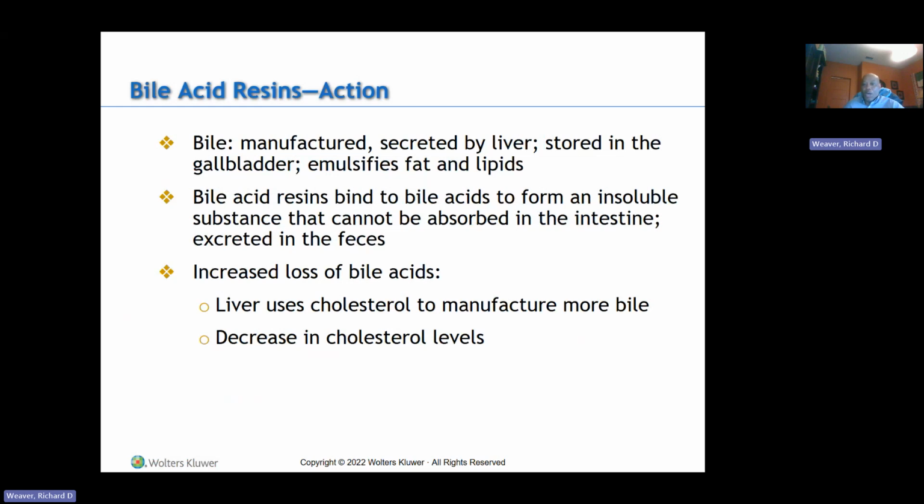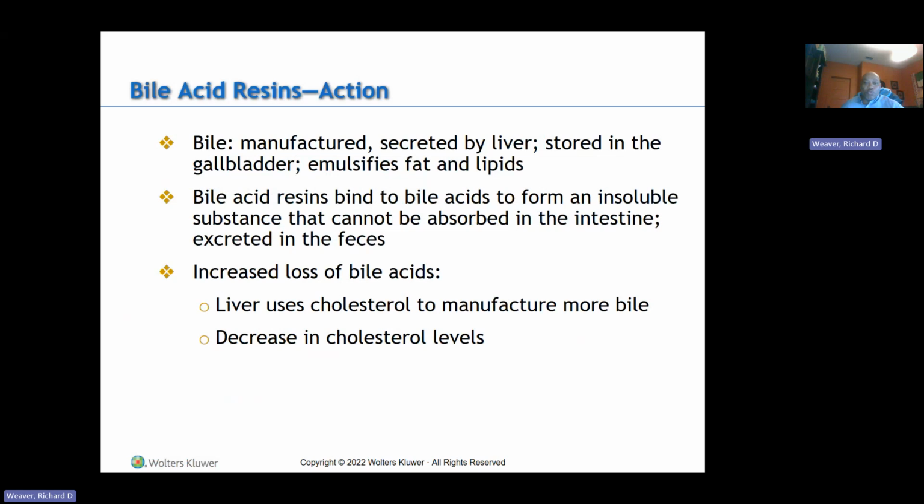All right. Now, once emulsified, the fats and the lipids, once they're broken down, can now be absorbed into the body by way of the digestive tract, and we want some of it, but not as much, and so there are ways to decrease the amount that is absorbed, and that's what we're talking about here.